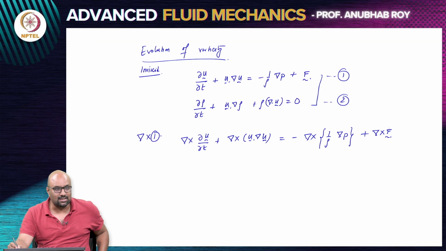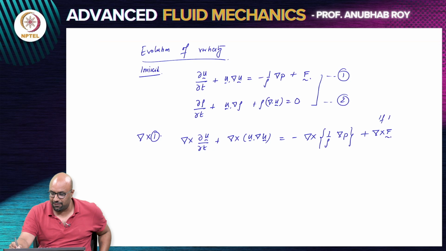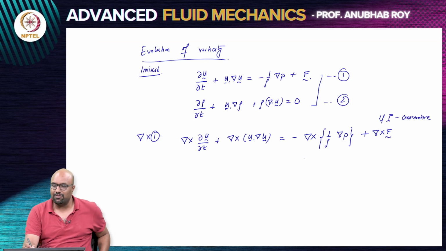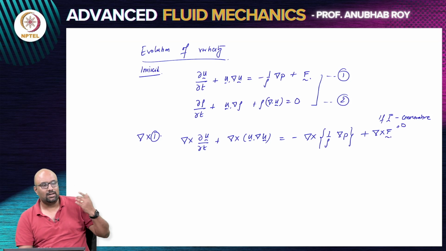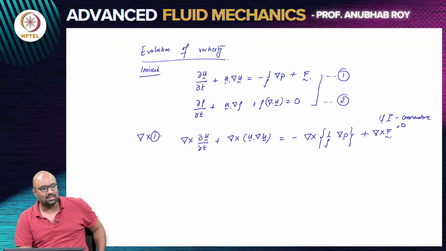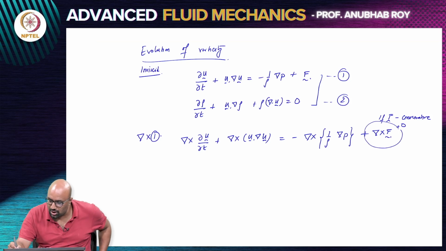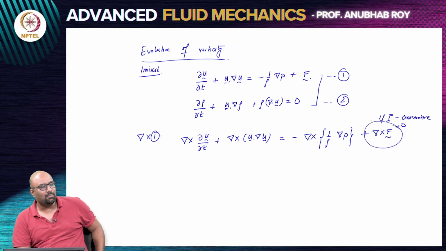Now, if F is conservative, going back to the same point, as it would be for things like gravity, then curl of F should be 0. That is restating the same point. Any conservative body force can be expressed as gradient of a potential, and thus the curl would be 0. So, there would be no contribution to the vorticity from the body force.